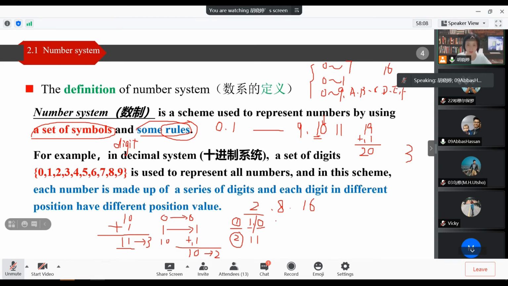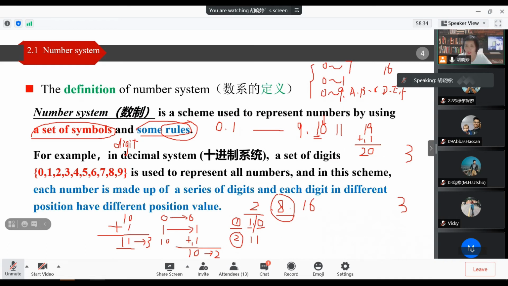So how to represent 3 in the octal system? Represent 3. I cannot hear you clearly.